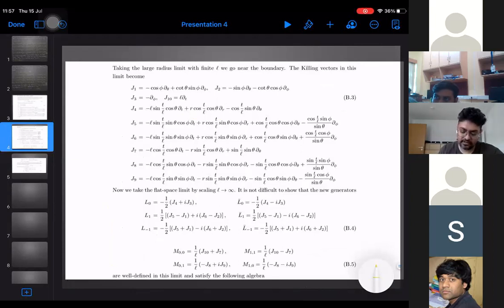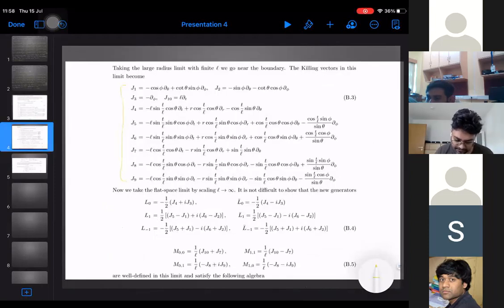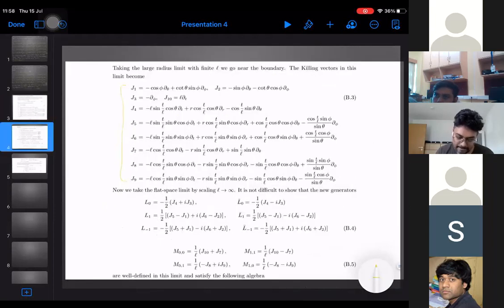The Killing vectors then in that limit come out to be these. I will give you some time because these are very big expressions. Just remember that your J3 and your J10 are the same as before.